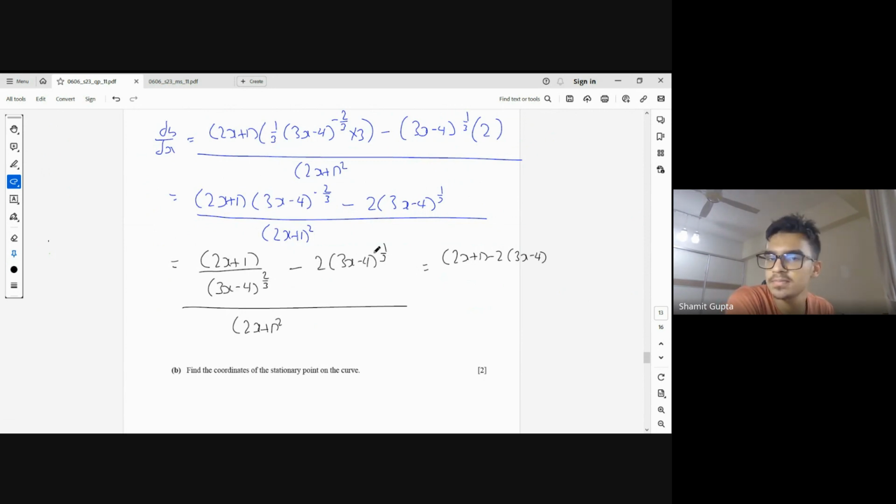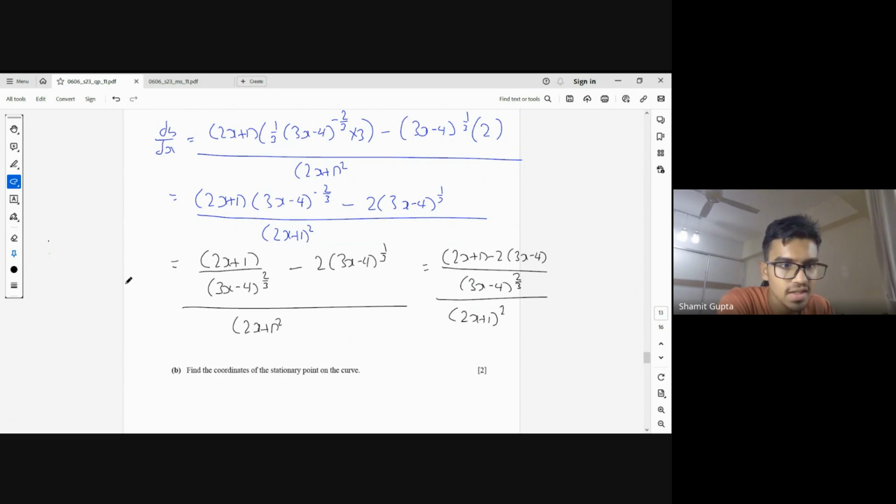This actually becomes (3x minus 4) to the power 1 over 3 times (3x minus 4) to the power 2 over 3, so just minus 2 times (3x minus 4) to the power 1. You understand why? Because it will be 1 over 3 times 2 over 3, which just adds up to 1, over (3x minus 4) to the power 2 over 3, over (2x plus 1) squared.